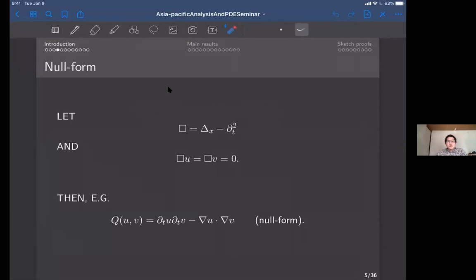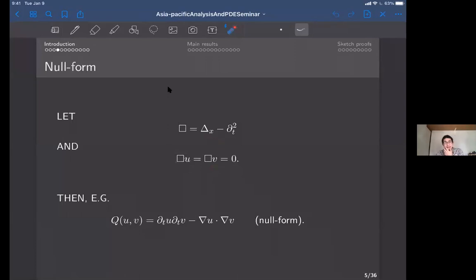Let's move on to a little bit about the null-form. Here we define this box, the d'Alembertian, as the Laplacian in space subtracted by the second derivative in time. And suppose u and v are solutions to it.